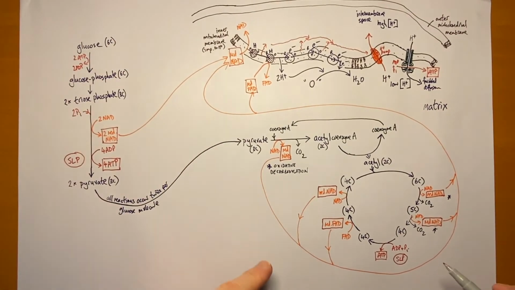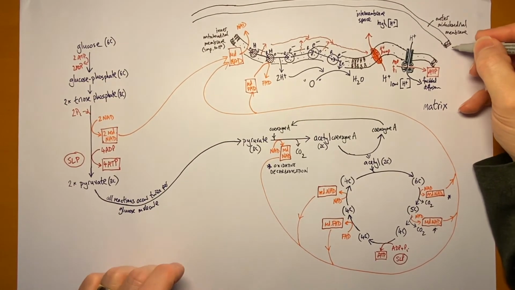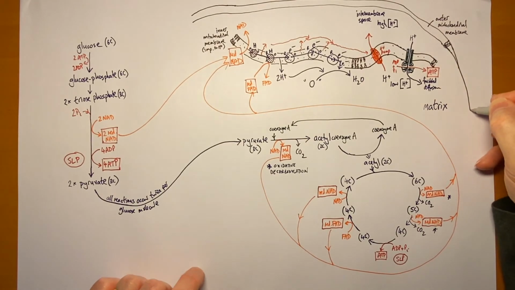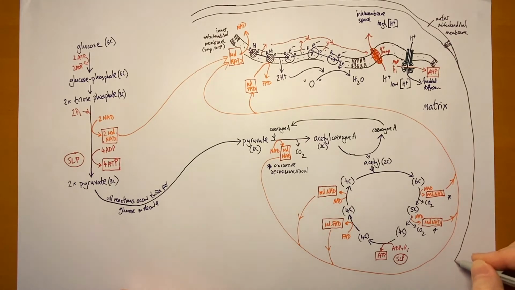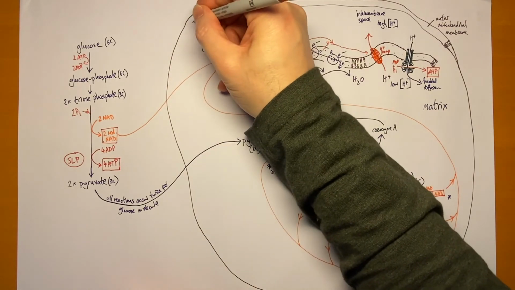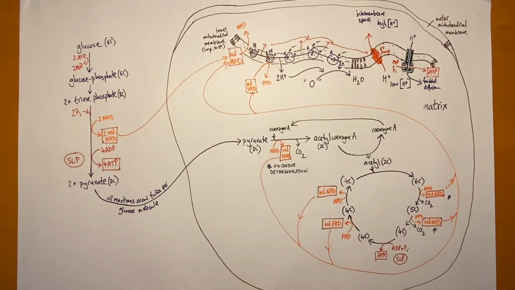So all this is happening inside the mitochondria. So this would be the outer mitochondrial membrane, and if I just make it thinner like so. This is the outer mitochondrial membrane, so that's the whole of the mitochondria.